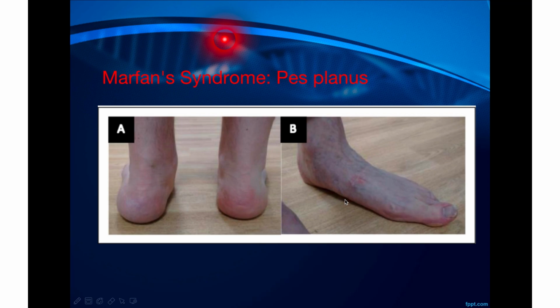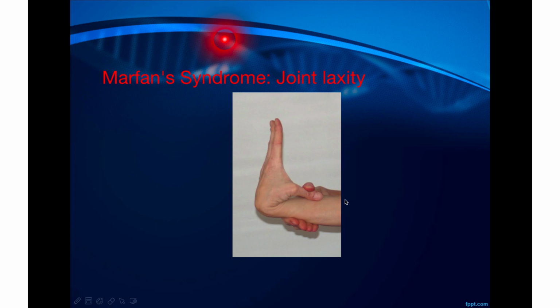Next, we're going to look at the joint laxity. Usually, the patient has very mobile joints, so they can easily bend their joints and their fingers very flexibly.